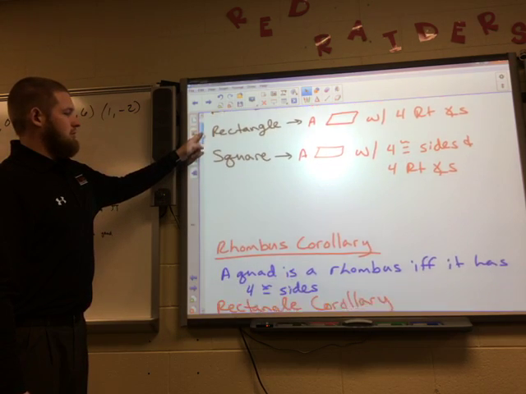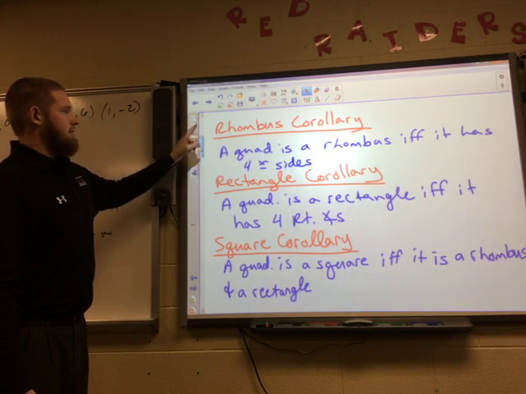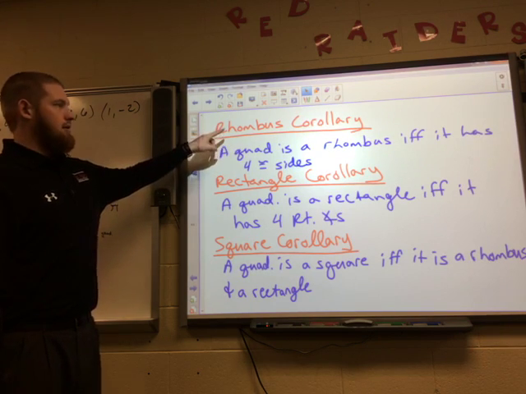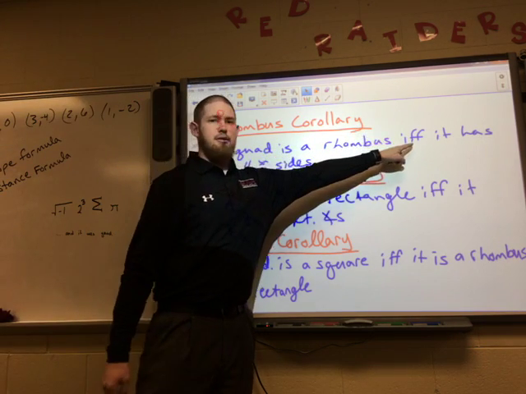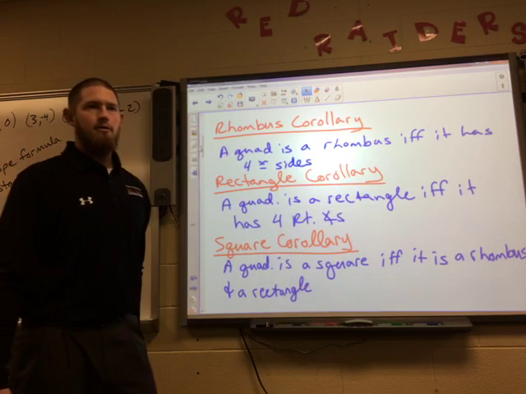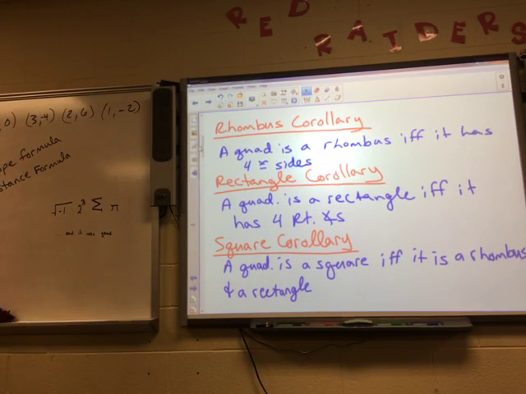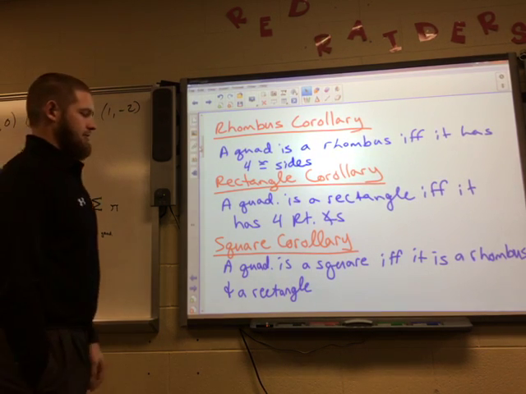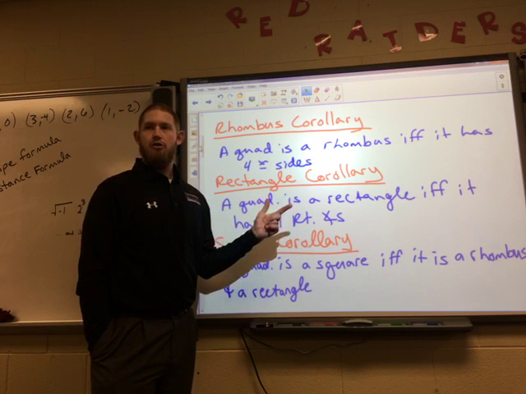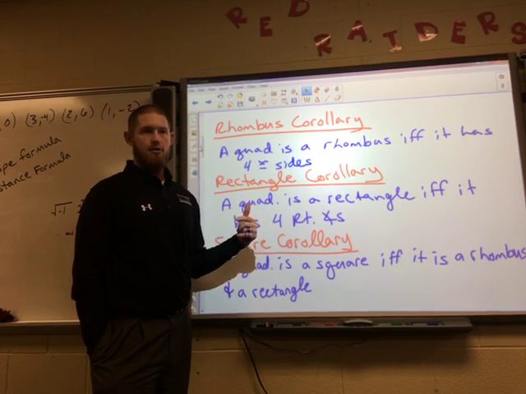When I have these, what kind of a statement is this if it says if and only if? It's a biconditional statement, right? What does that mean? It can be flipped, meaning the original is true and so is the converse, right?